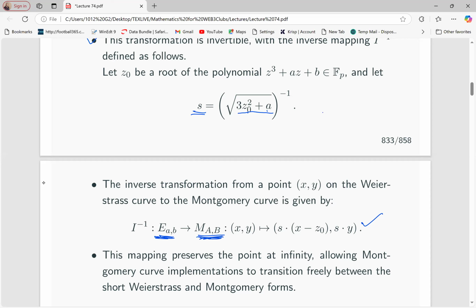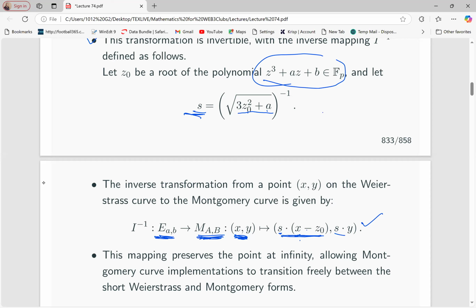So where it will be mapped to will be the same as the S we've just calculated, multiplied by X minus the solution we got after solving this polynomial. This gives you the X value on the Montgomery.